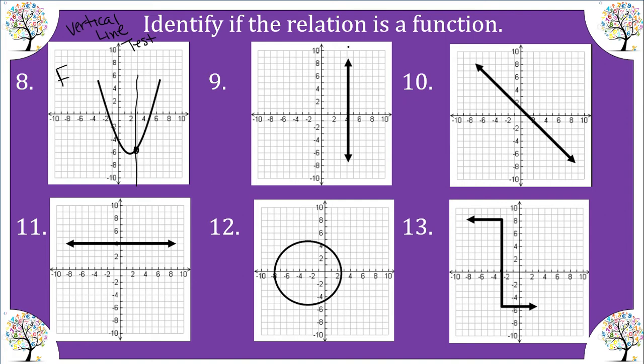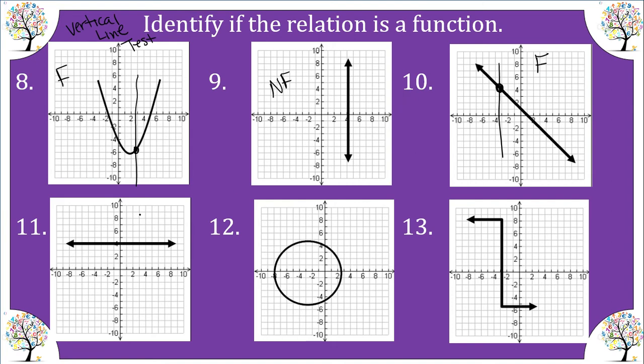Number 9, we can see if we draw a line all the way down this one, it's going to hit every point. So it's definitely not a function. Remember, the vertical line is the only line that doesn't pass the vertical line test. So it doesn't even pass its own test. Number 10, we can see that the vertical line test is passed because it only can intersect at one point. So this is a function.